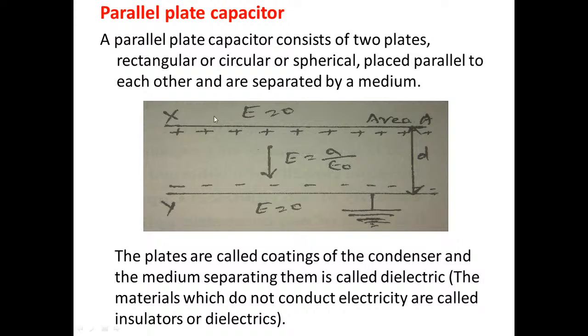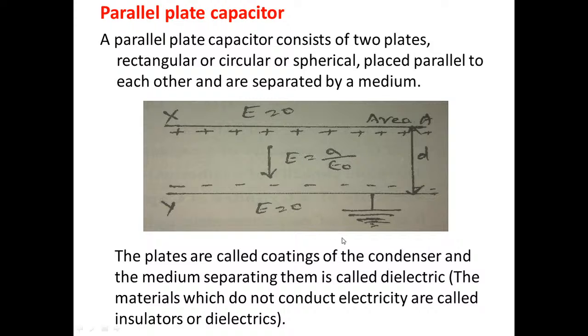Positive charge is given to surface X. Due to induction, negative charge appears on the inner side of plate Y, and the outer plate Y is earthed. So the electric field intensity outside is 0.